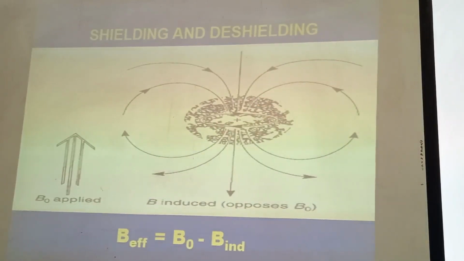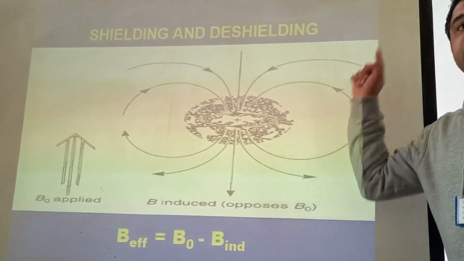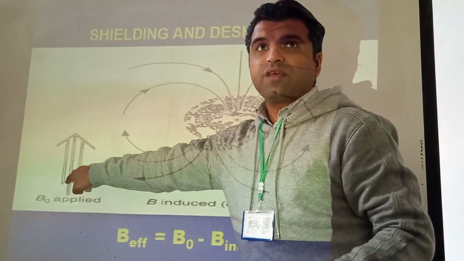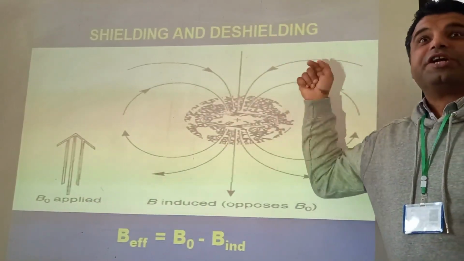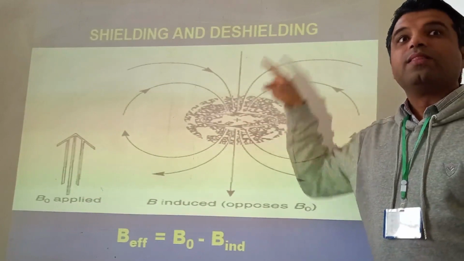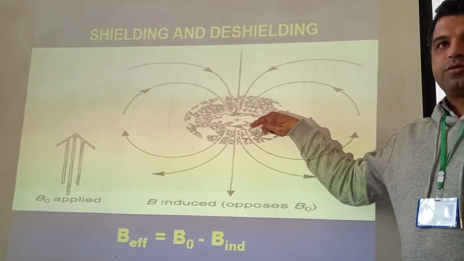And what is the effect of the applied magnetic field on the nucleus? It makes it precess with a particular frequency, that is the Larmor frequency. So if this induced magnetic field is reducing the effect of the applied magnetic field, it is actually reducing the Larmor frequency of this proton.